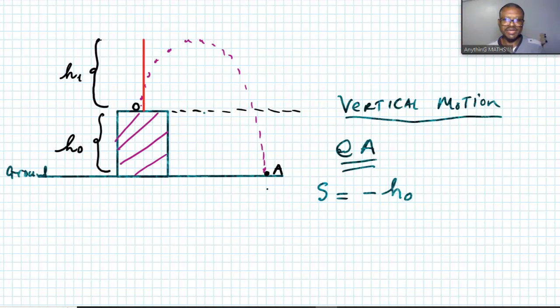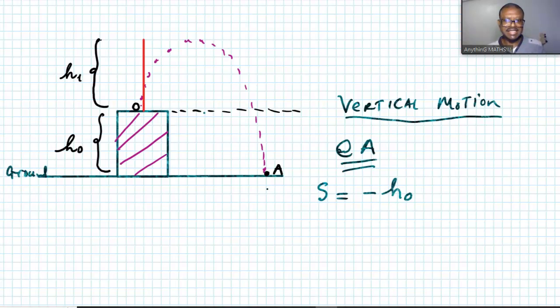When it lands at point A, it has moved h0, but it's going south, so it's going to be negative. So the displacement is negative h0. It's so important when you start solving questions, and you have to be careful. It depends on what you are looking at. When you solve questions, it becomes much more apparent.